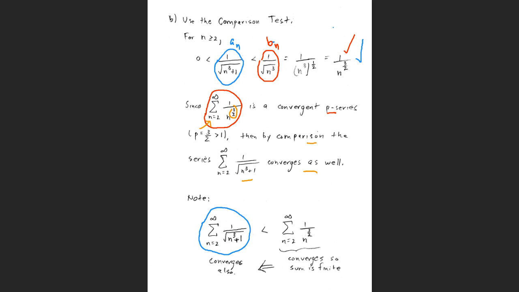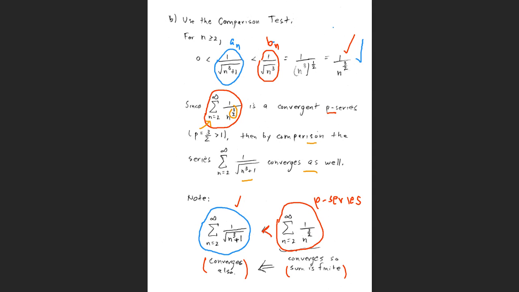But that series, the sum, would have to be smaller than this p-series. So this p-series converges, so its sum is finite, right? The sum is finite. So the p-series is greater than our series of interest. Well, since the larger series has a finite sum, the smaller series would also have to have a finite sum. So that series converges also.